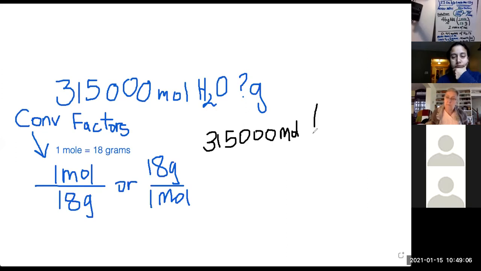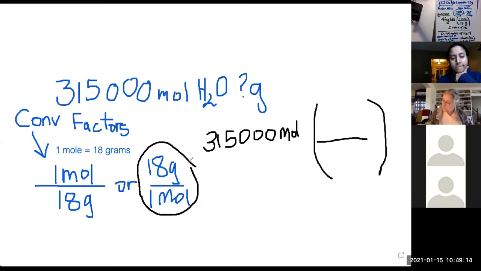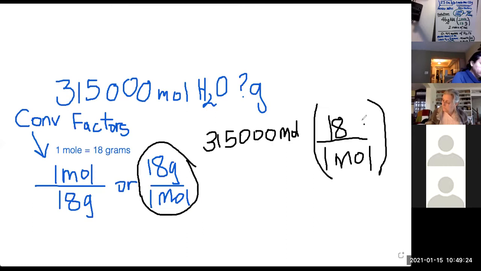Times 18 grams divided by 1 mole. Very good. You choose the conversion factor that has the starting unit in the denominator so that it cancels. 1 mole here, and then 18 grams here. Once you have that, we can see how to cancel these units.